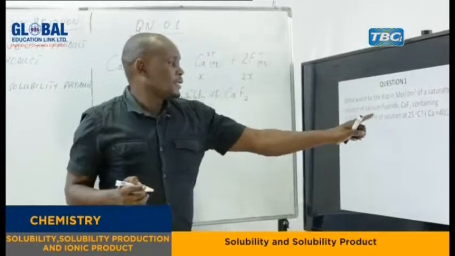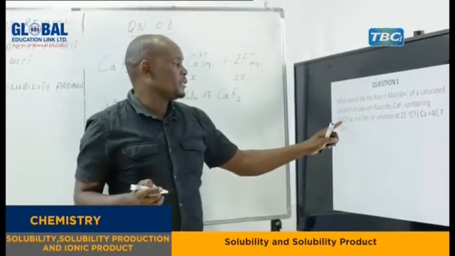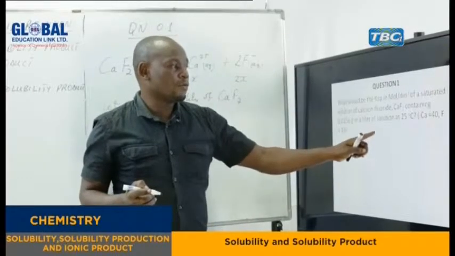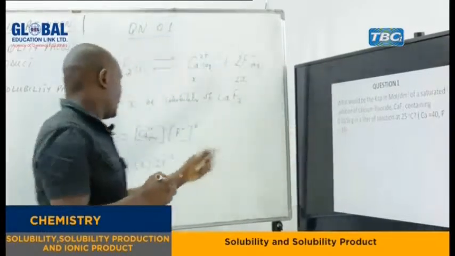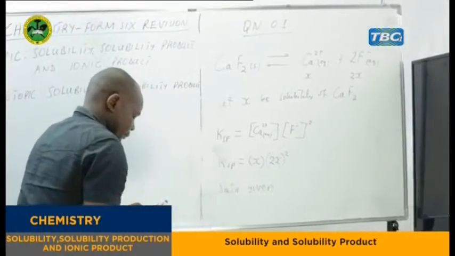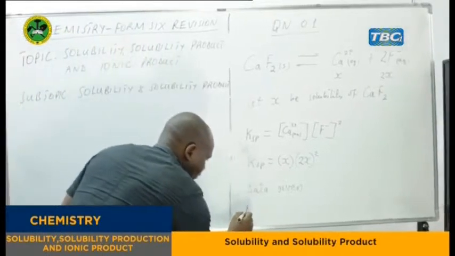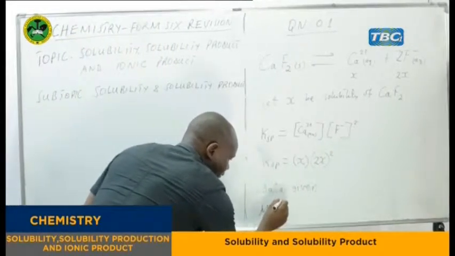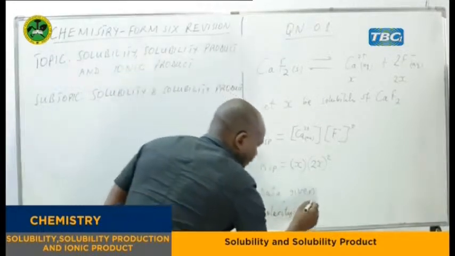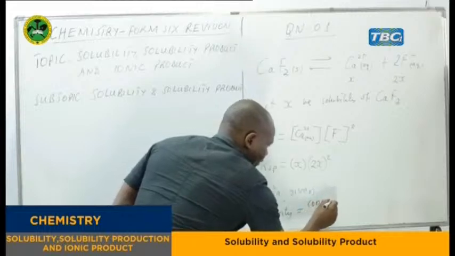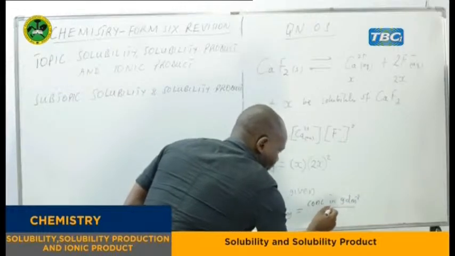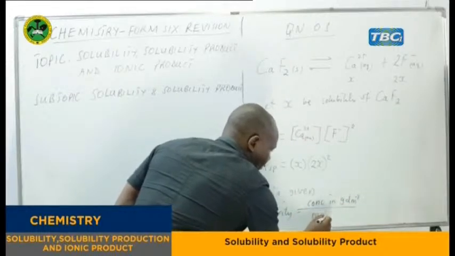The calcium fluoride contains 0.0156 gram in a liter of solution at that temperature. So the concentration or molarity is obtained by taking the concentration in gram per decimeter cubic over molar mass.